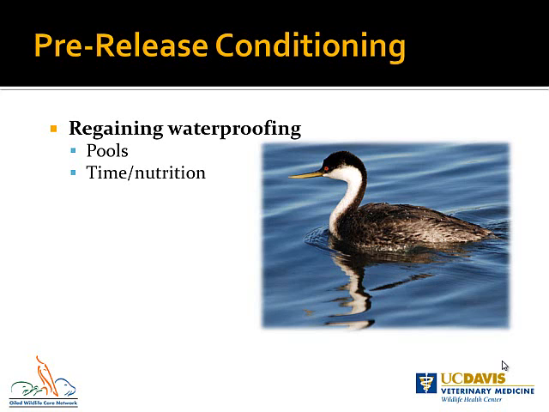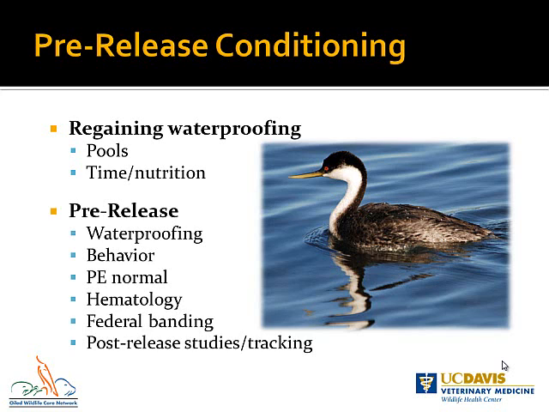You give them time, you give them nutrition, and before they're released, they go through a very strict pre-release exam where the veterinarian looks for whether they've regained their waterproofing and if they are exhibiting normal behavior. The physical exam has to be normal. The blood work has to come back normal. They're given a federal band so they can be tracked. And this is also the time to think about the post-release studies or the tracking.